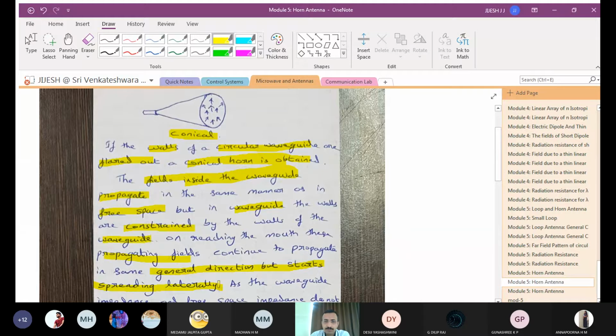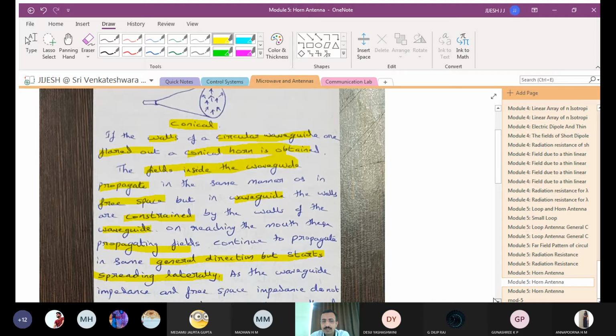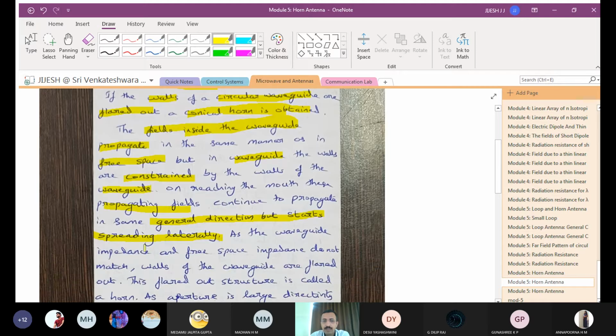So on reaching the final end of the antenna, the mouth of the antenna, the fields propagate in the same general direction but start to spread laterally. If you consider the waveguide impedance and the free space impedance, they do not match with each other.